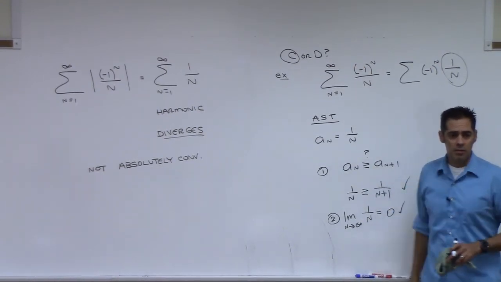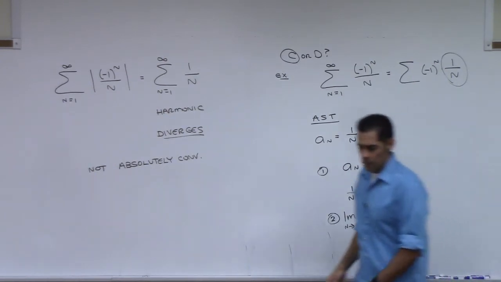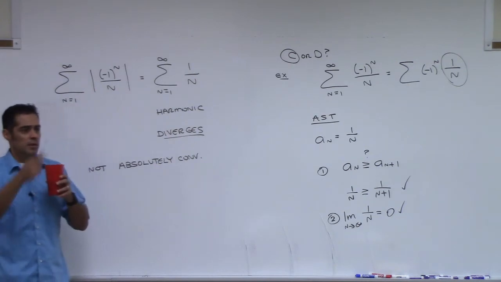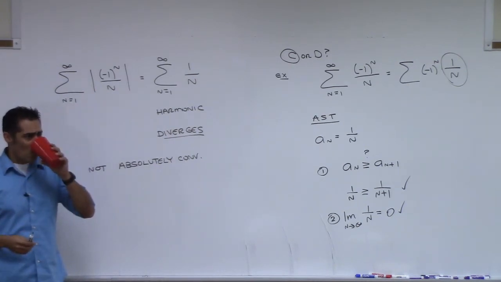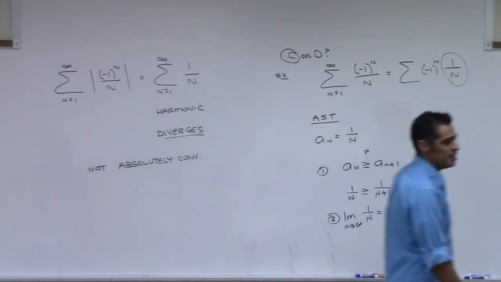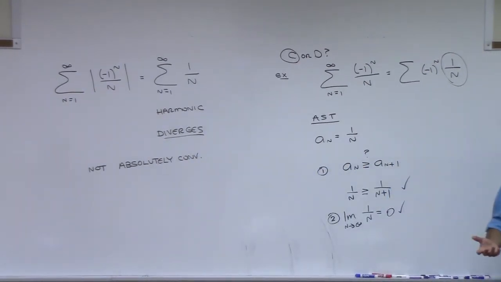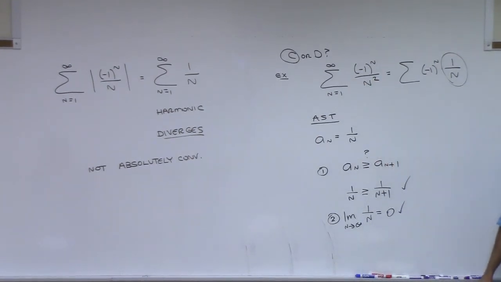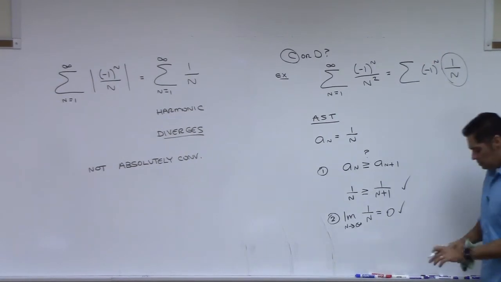What was your question, Michelle? Are any alternating series convergent or absolutely convergent? Sure. We should be able to come up with one. You would just need the series and its absolute value to converge, right? So I'll give you an example. Just change that to n squared.